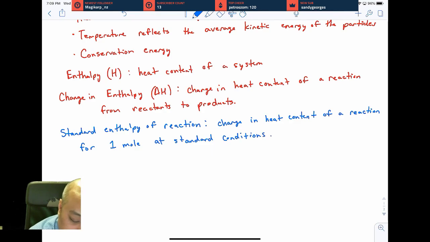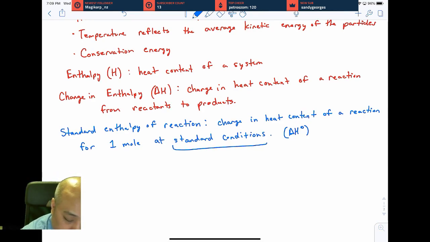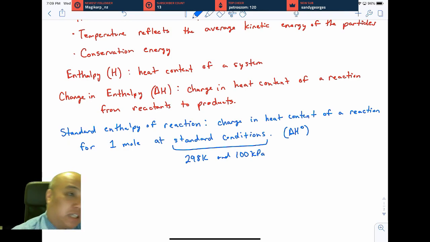It is notated by a delta H with the degree symbol. That degree symbol, we usually say "not" when reading it, but it means standard conditions. For thermo, our standard conditions are 298 Kelvin and 100 kPa, which is slightly different for those that have studied the SAT2 or even AP chemistry. AP chemistry uses 1 atmosphere. We use 100 kPa based on the IUPAC standards.